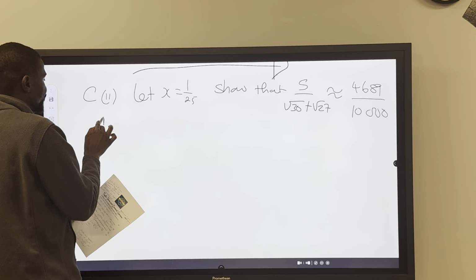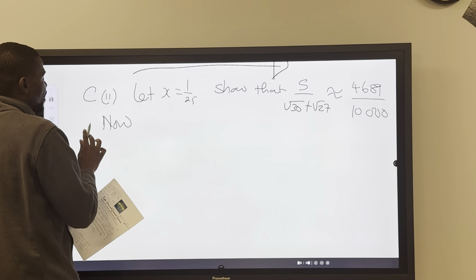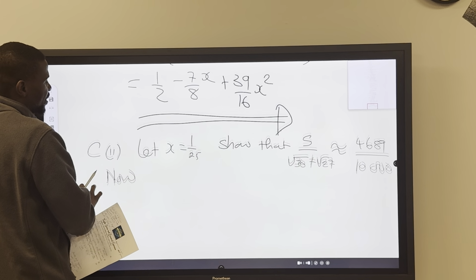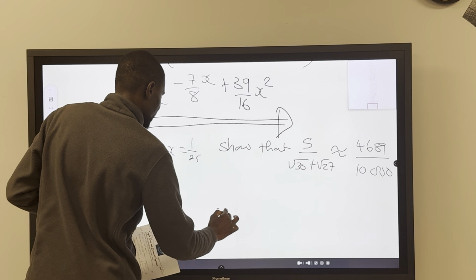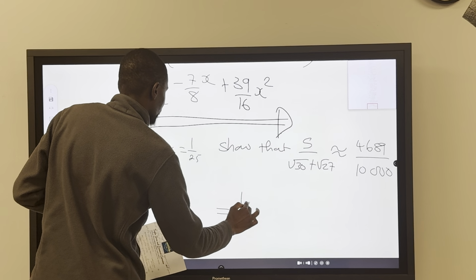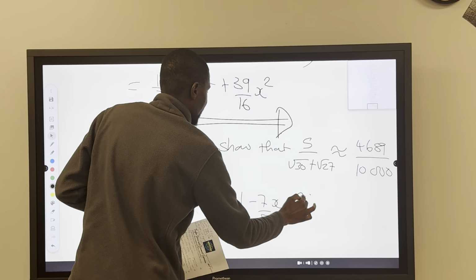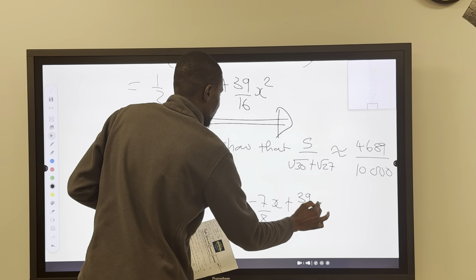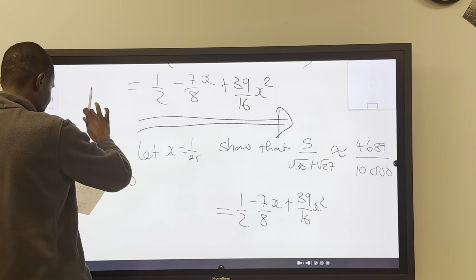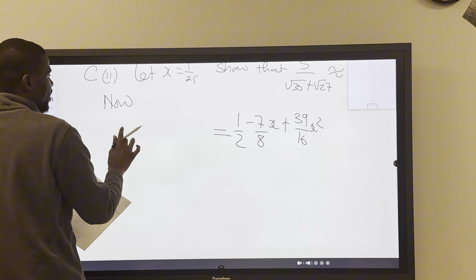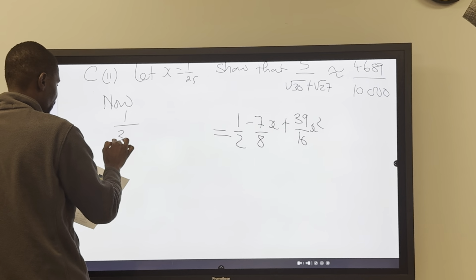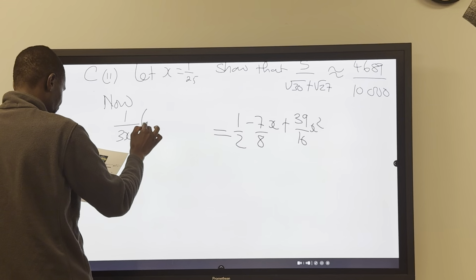All right, so guys, remember, right? So now, remember this part here is equal to 1 over 2 minus 7 over 8x plus 39 over 16 x squared, right? The expression was 1 over 3x, right?